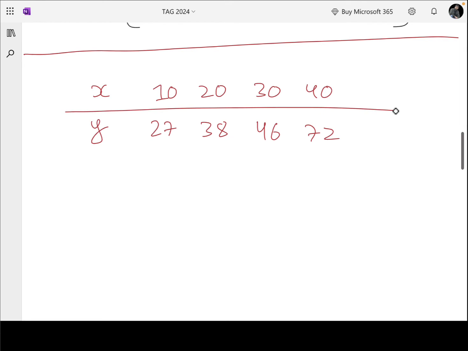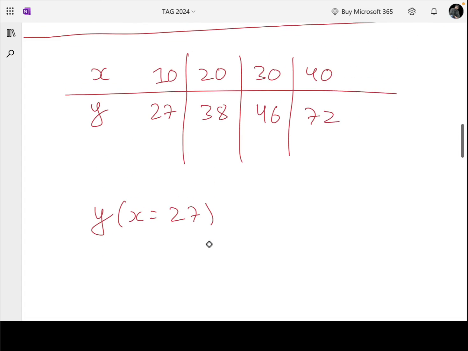These are the values of x and y that you have, and you have been asked to calculate y when your x is equal to 27. Okay, this is the question that has been given to you. So how do you proceed in such a scenario, right? You have to calculate y when x is equal to 27.